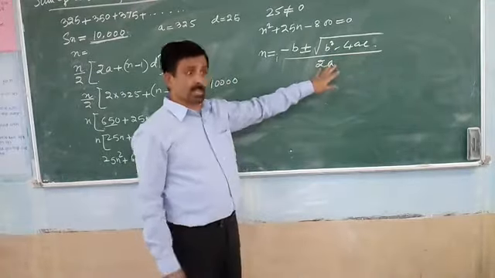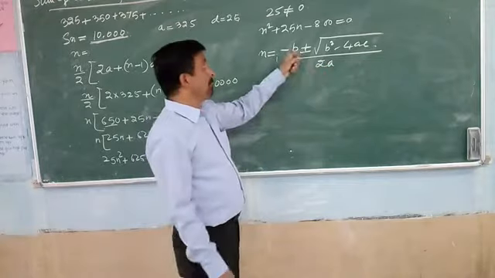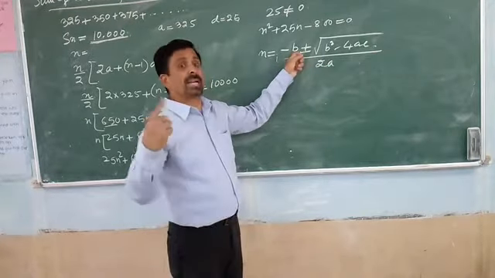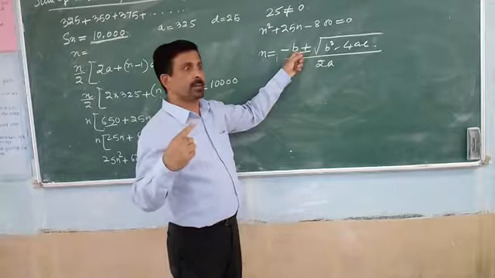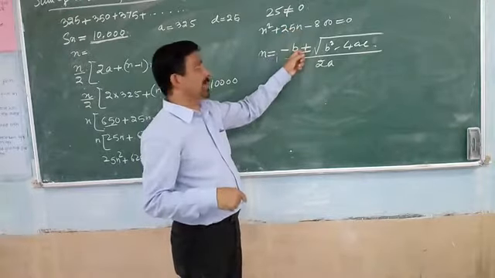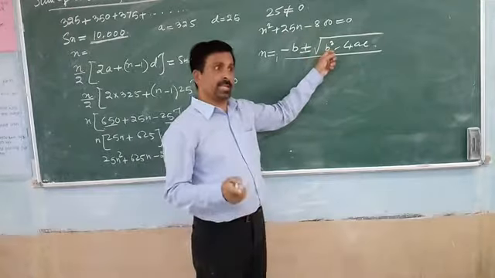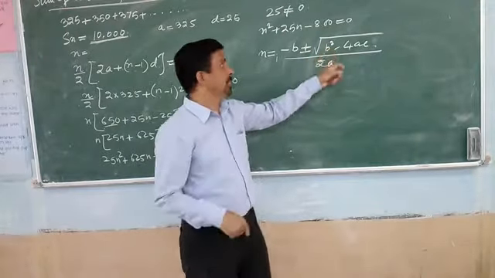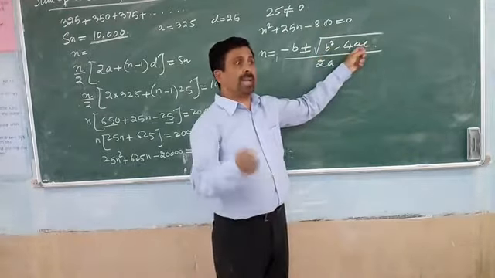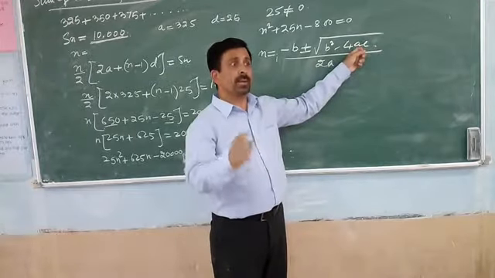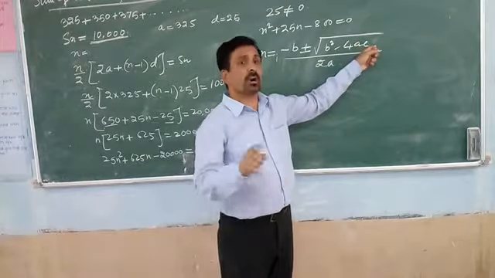Now here we will try to understand what the formula is. B is the coefficient of x. Here it is n, so I will say B is the coefficient of n. A is the coefficient of n square. C is the constant.